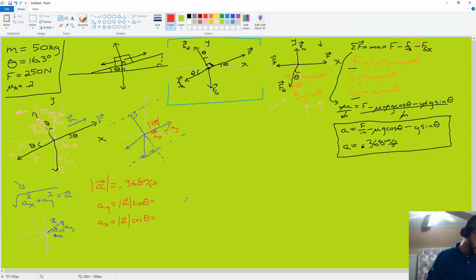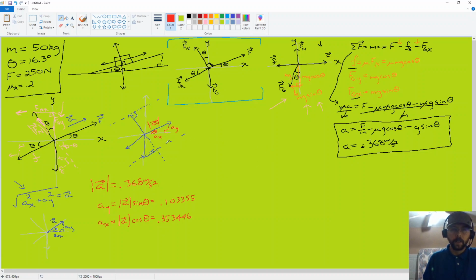Yeah, so the y component is 0.103355. It's meters per second squared, but I'm going to ignore units because it makes me happier. And in the x direction, it is 0.353446. So I know that information.